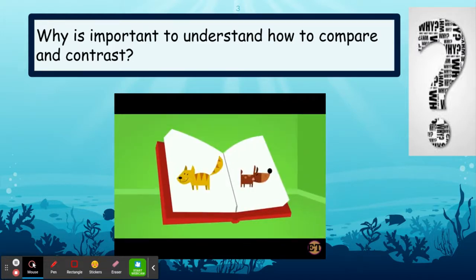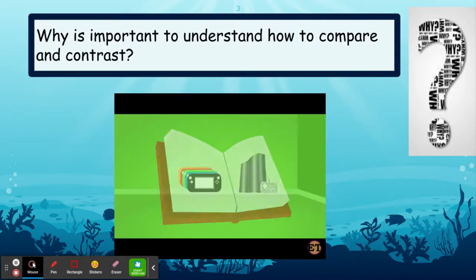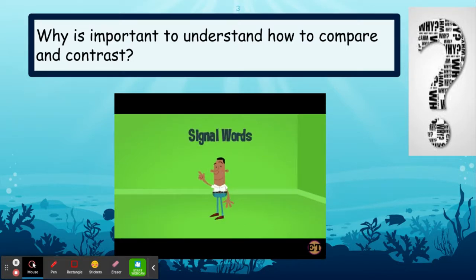Authors often compare and contrast ideas and subjects within texts, and it's our job to make sense of the comparisons they've made. Identifying signal words within texts makes comparing easier. Let's have a look at some words that authors use to compare and contrast.